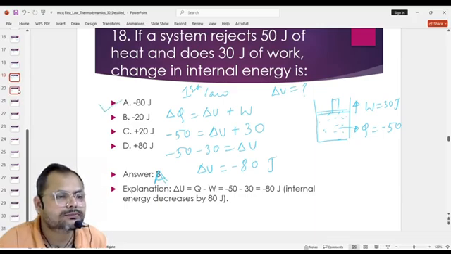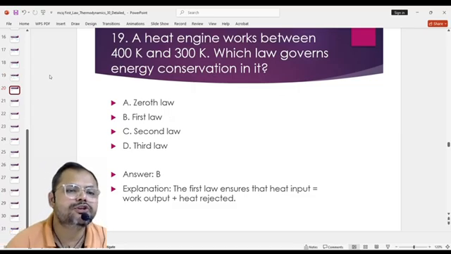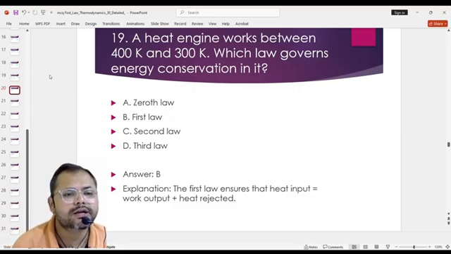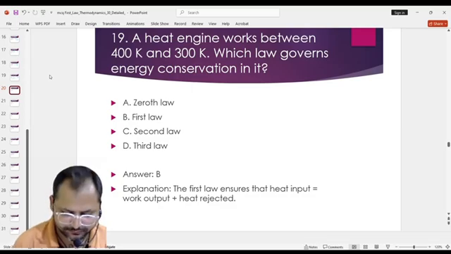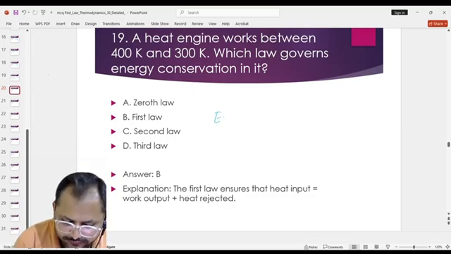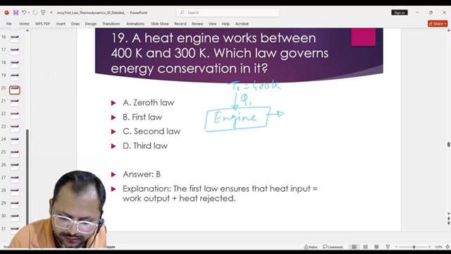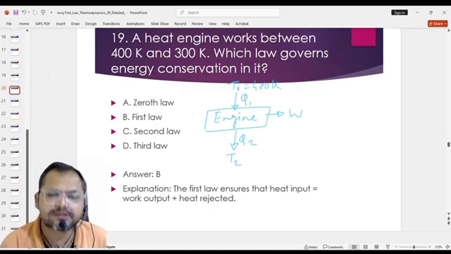So next question. A heat engine works between 400 Kelvin and 300 Kelvin. Which law governs energy conservation in it? Engine is there. We can draw a flow diagram. The engine takes heat from the higher temperature source, that is 400 Kelvin, does work and rejects heat Q2 to the lower temperature sink.